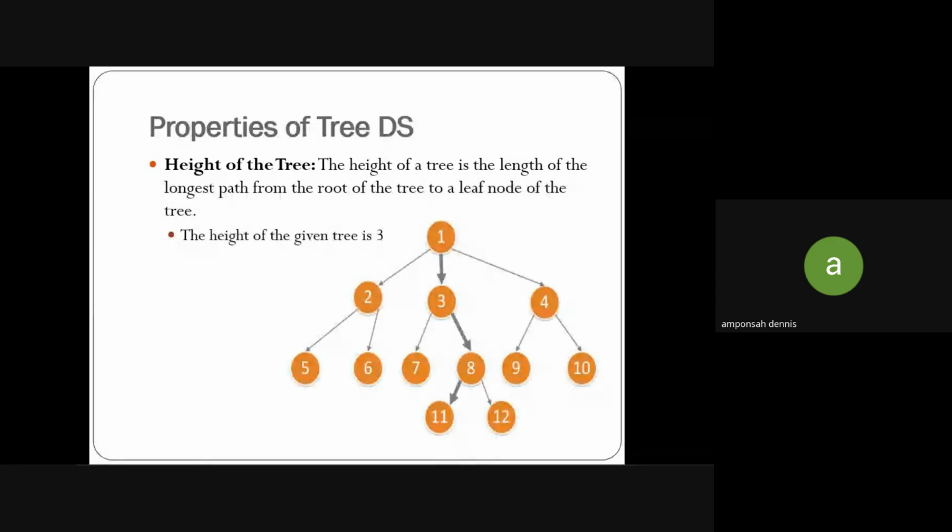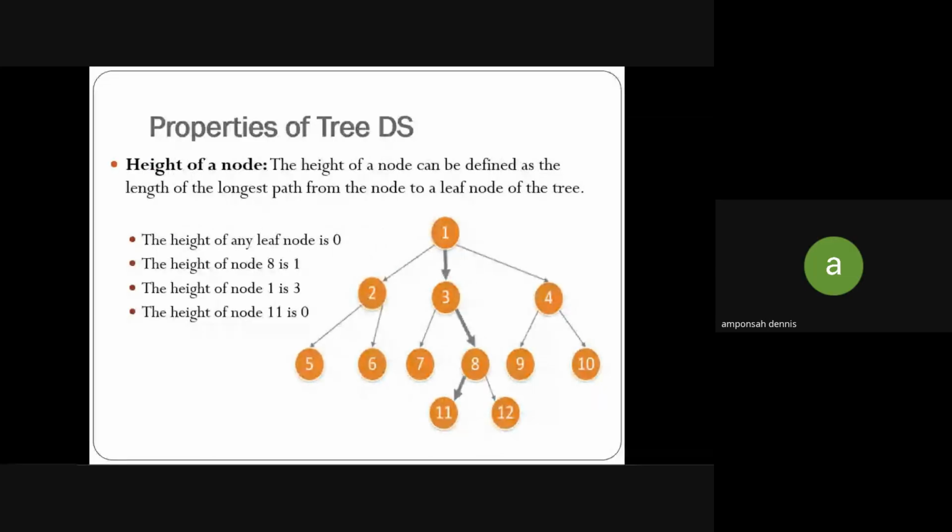Please, can you go back to the diagram? Based on the height of the nodes, taken from the bottom, 11 is 0 and 8 is 1.